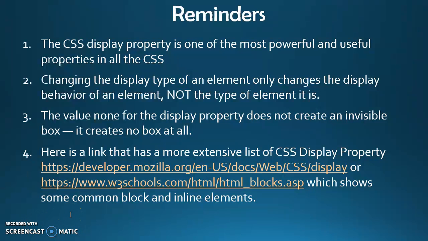I also found a couple of links. One was a more extensive link. The Developer Mozilla link is a more extensive list of all the properties that there are. And then the W3 Schools list is more of a list which shows some of the common block and inline elements. So you can go there and see, oh, these automatically have a block default, and these automatically are inline default, which will help you understand why things are moving around on your page as these things happen.